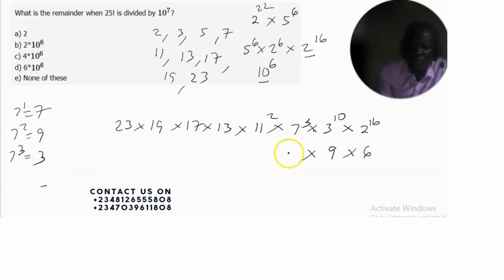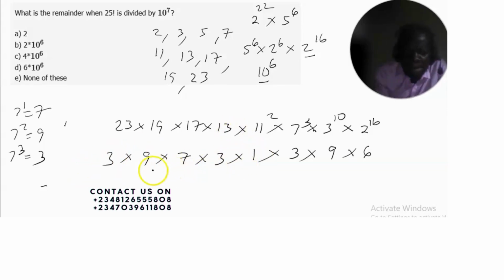So the unit digit of 7 raised to power 3 is 3. 11 raised to power 2, unit digit will definitely be 1. So the unit digit of 13 here is 3. Unit digit of 17 is 7. Unit digit of this is 9. And unit digit of this is 3.